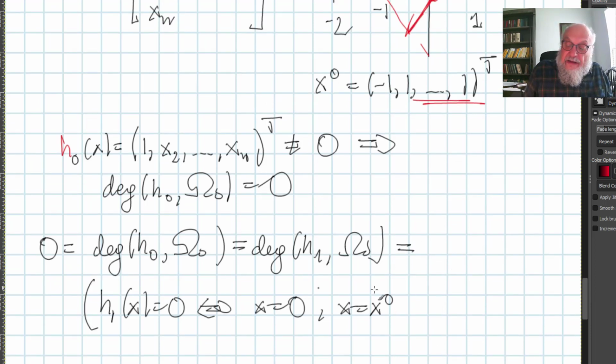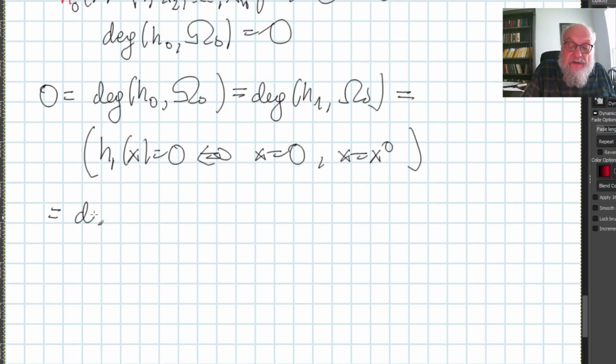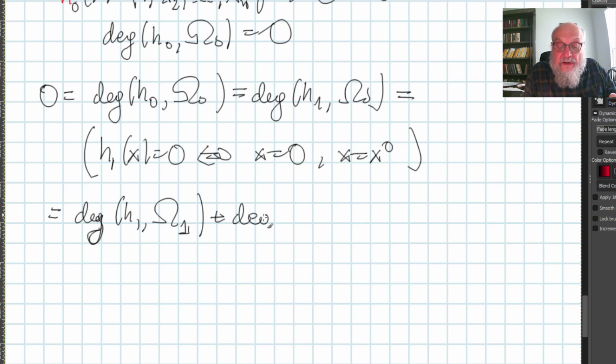So this will be equal to the degree of h1 on omega 1 plus the degree of h1 on omega 2. So what is omega 1? I take the ball. Look at the picture again.